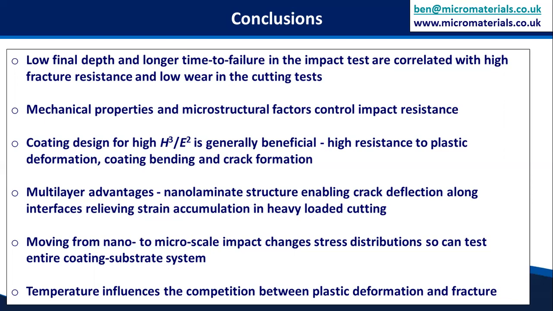So nanolaminate structures particularly are useful at higher load in allowing crack deflection along these interfaces to relieve this strain accumulation. And by testing across a range of different length scales and a range of different temperatures, we can really understand, I didn't talk so much about modeling, but we can also model these stress distributions. So we can really start to understand the entire coating substrate system and how this correlates with performance.